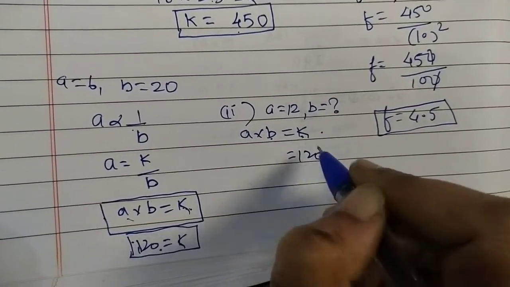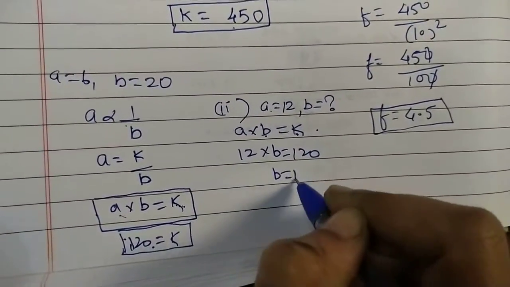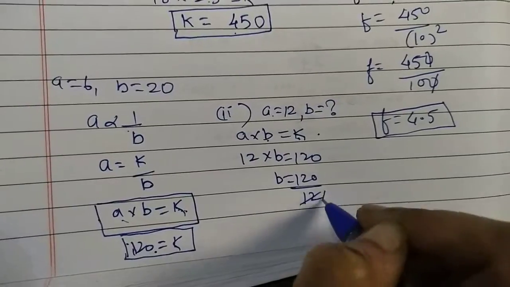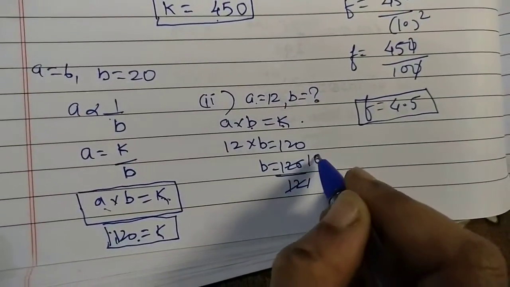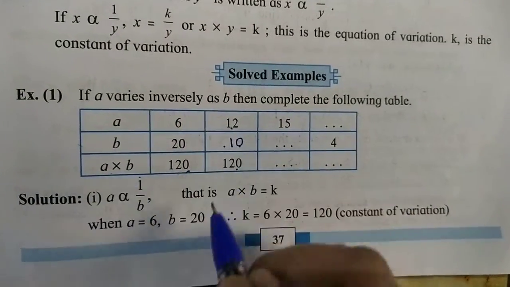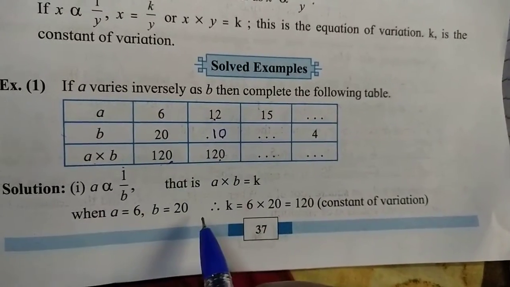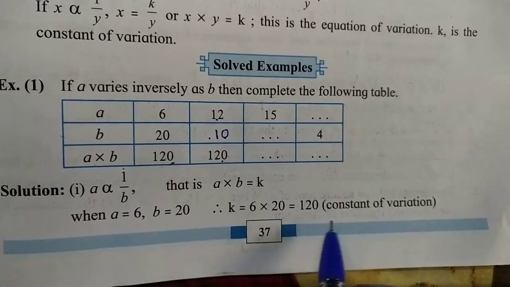So I'll write here 120. What is a? a is 12, into b. So b equals 120 upon 12, that is 10. So b equals 10. And here a into b is 120. It's very easy. Getting it?